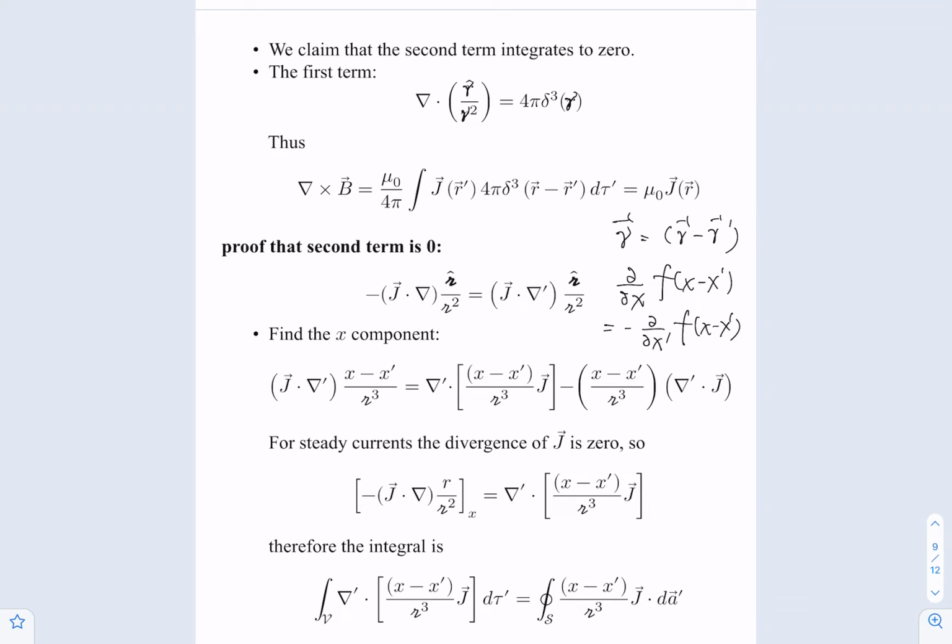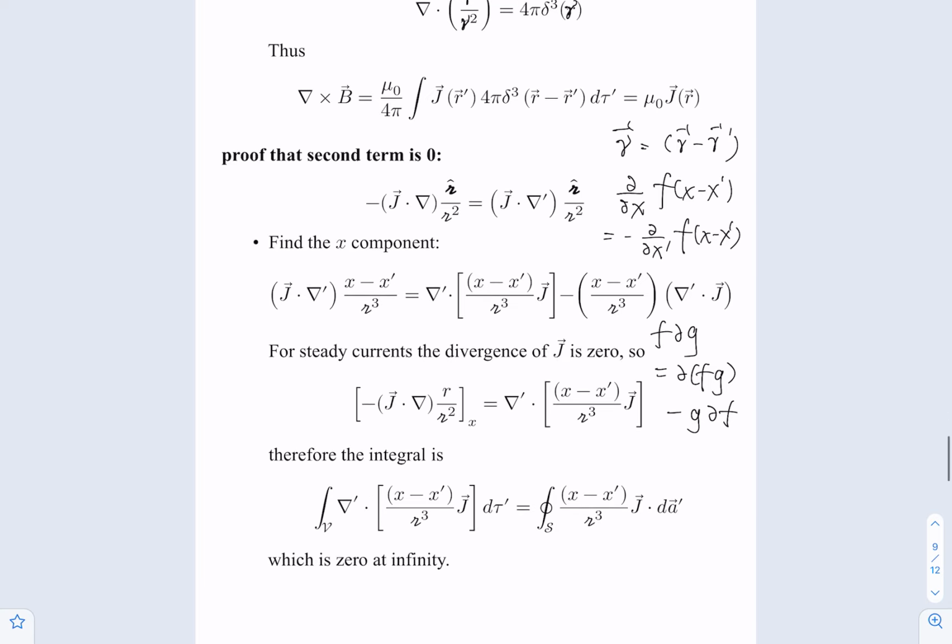This is in principle similar to f partial g equals partial f g minus g partial f.